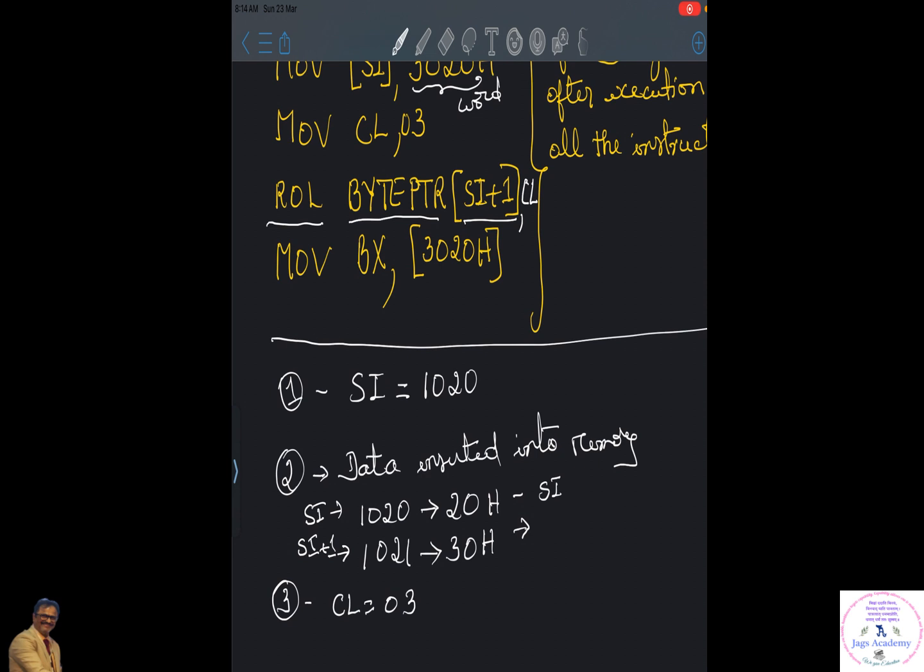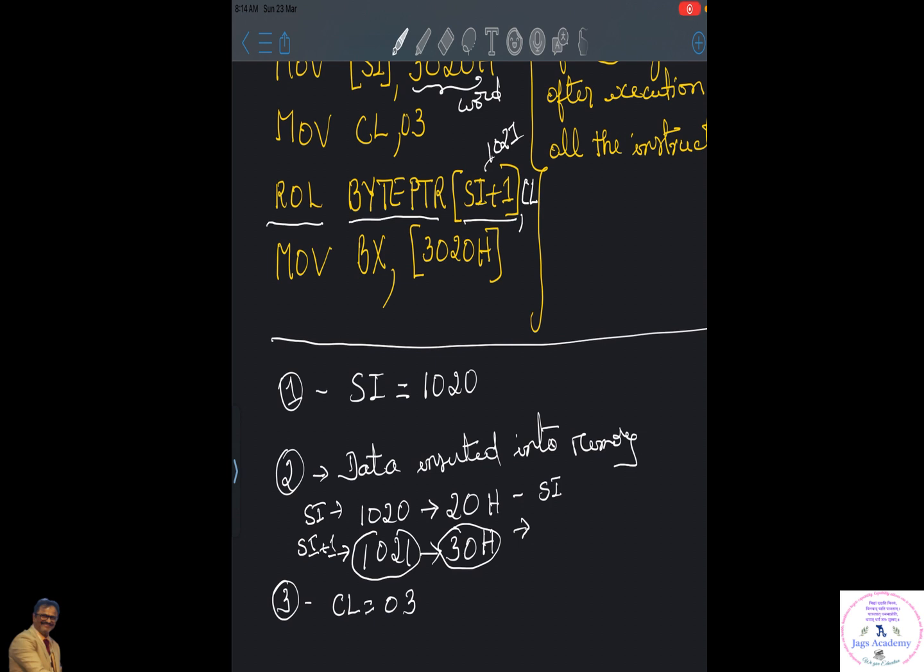It will rotate a byte pointed to by the offset address SI plus 1. The offset address SI plus 1 is 1021. The byte at the offset address 1021 is 30H.